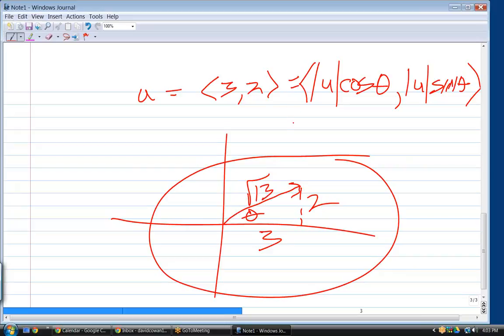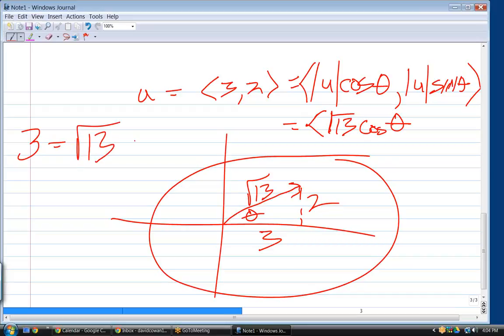Okay? So the x-coordinate, which we know to be 3, has to equal root 13 times the cosine of theta. Or I can say that 3 has to equal root 13 cosine of theta.